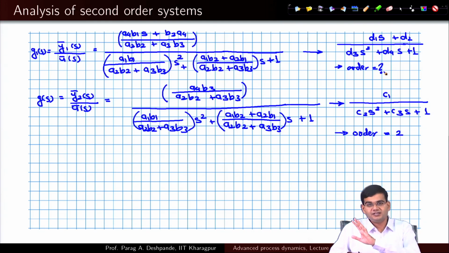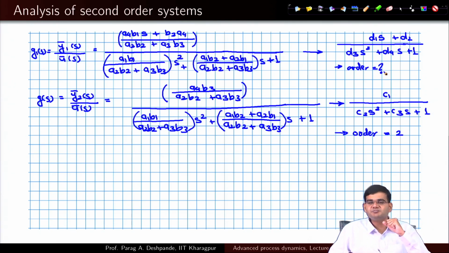Here if you just look at the denominator, the order is not 1, it has to be at least 2. But there is something in the numerator as well. So, how would you define the order of a system when you have some polynomial in the numerator and some polynomial in the denominator as well?